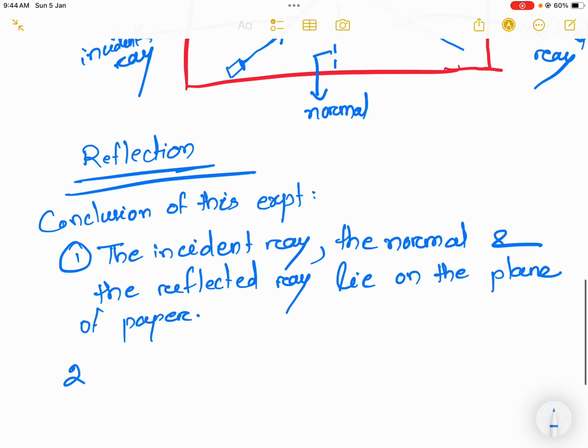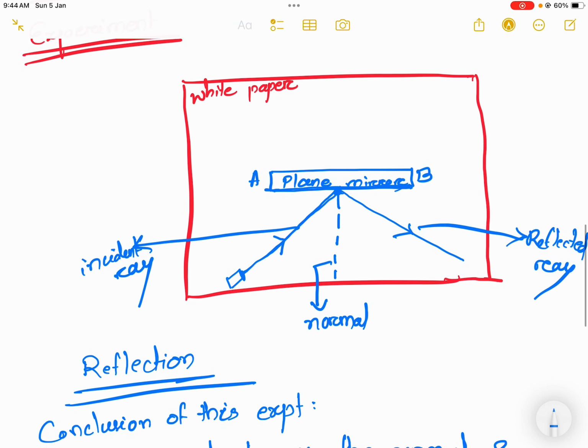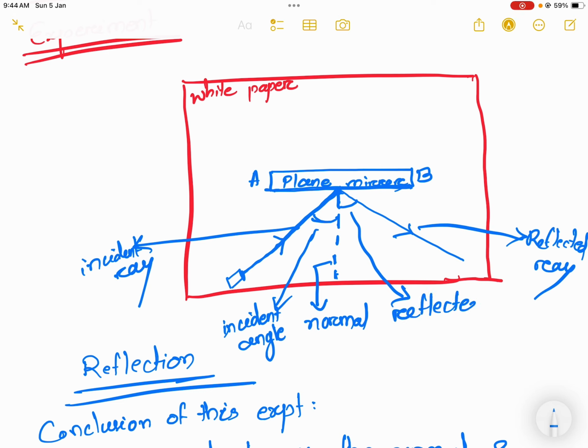And the second one is, suppose you want to measure this angle. What is this angle? This angle is the angle between the incident ray and the normal, so we will call it the incident angle. And this angle is the angle between the normal and the reflected ray, so we will call it the reflected angle.